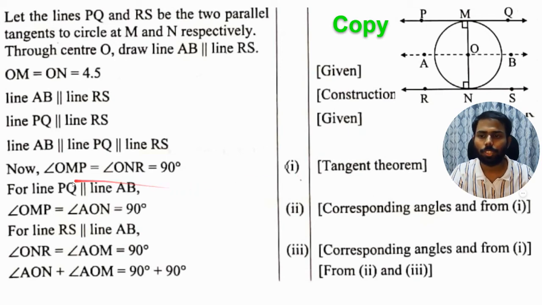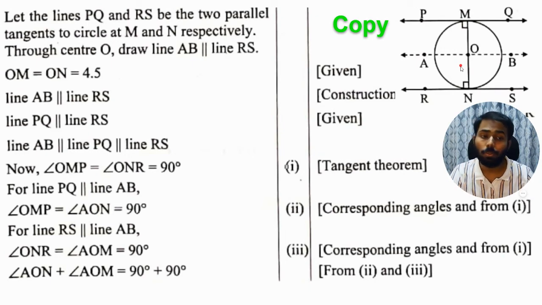Okay, next. PQ parallel to AB. PQ is over here, AB is over here. So PQ is parallel to AB. तो यहाँ पे corresponding angles कौन से है? OMP and NOA. Okay. So if you see OMP and NOA के जगह पे वो लोग ने AON यूज किया. Okay. So OMP and AON. So these two angles are corresponding angles.